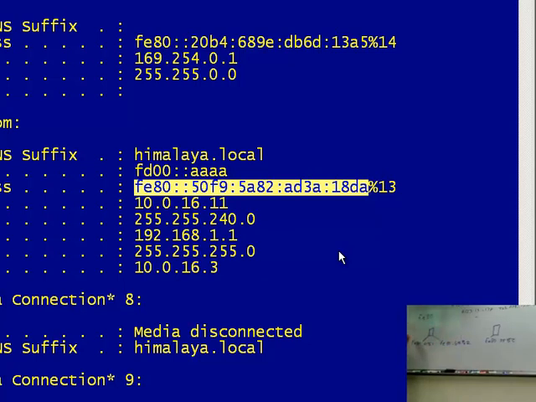If he pings something on this side, such as FE80 :76, it's going to have a %1 tacked onto the end of it, so he knows it's on that side.